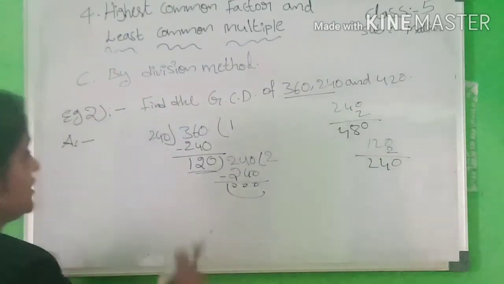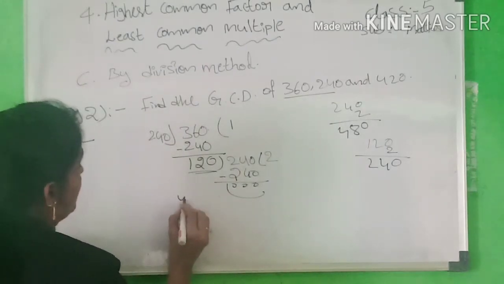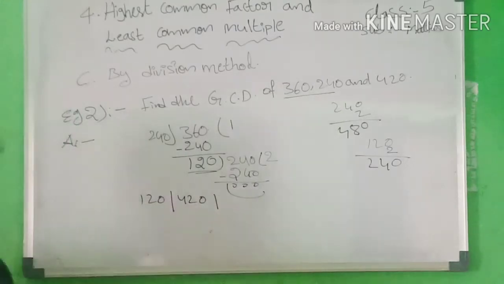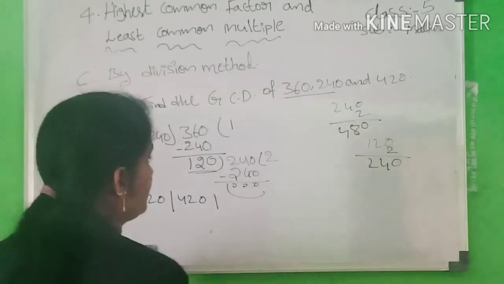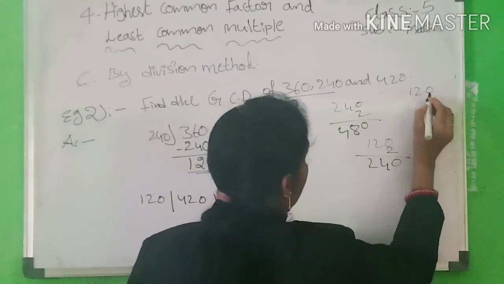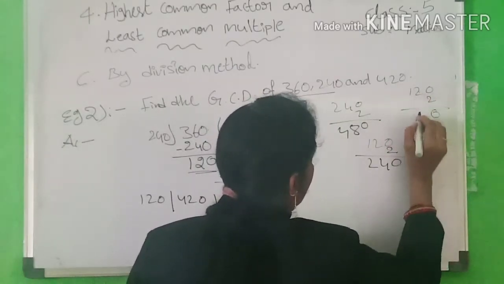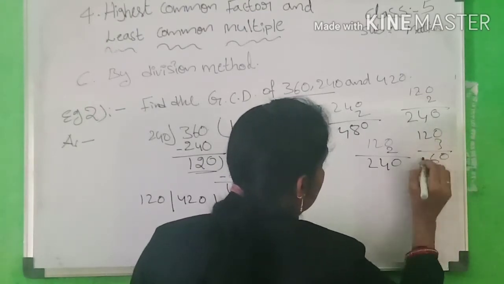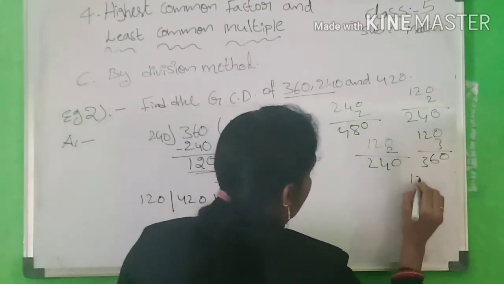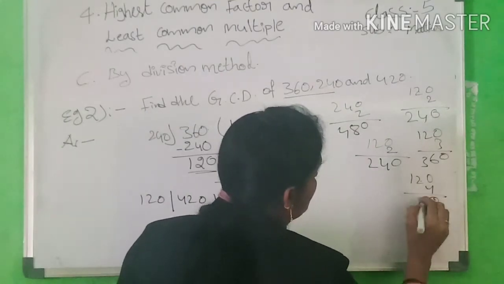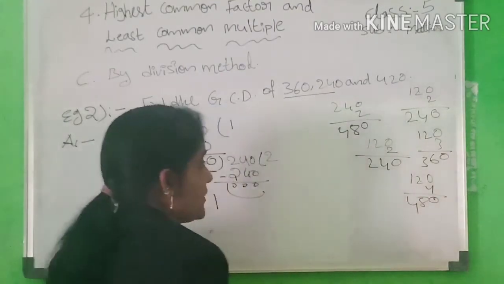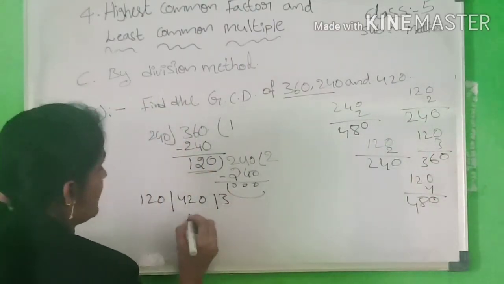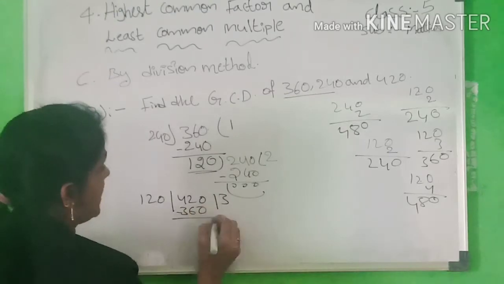Divide 420 by 120. Check it. First of all find the 120 table. 120 2s are 240. 120 3s are 360. 120 4s are 480. So here it is 3: 120 3s are 360.